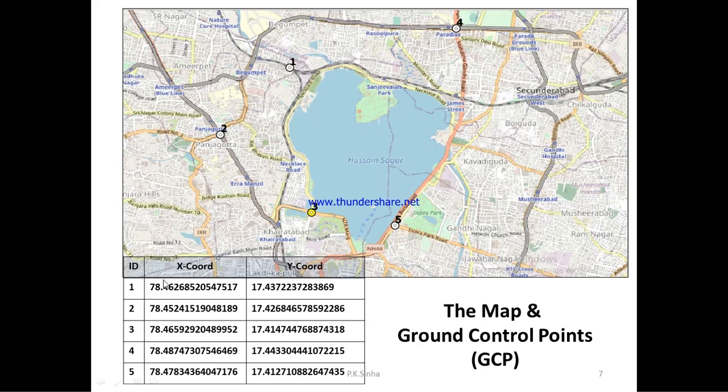You see there are 5 IDs corresponding to what is there on the map, and their x coordinate value, meaning longitude value, and y coordinate values are shown in tabular format. So these are the recorded values from, say, GPS during field work. So we will be entering these values to corresponding points at the time of georeferencing and get the map georeferenced.